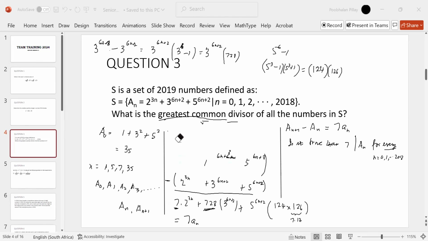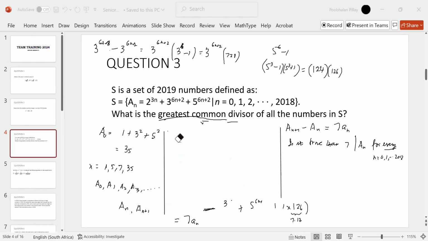And I'm going to write down all these equations. You see, I've got A n plus 1 minus A n is 7 A n. I'm going to substitute all these values. Well, actually, not up to 2019, I'll only go up to n. So if I put n equals 0, I will have A1 minus A0 is equal to 7 A subscript 0.